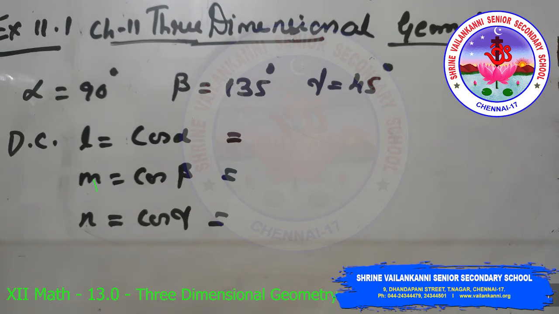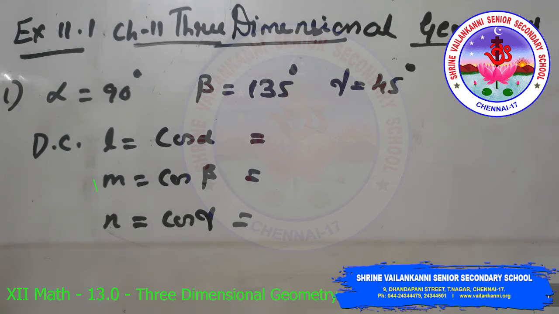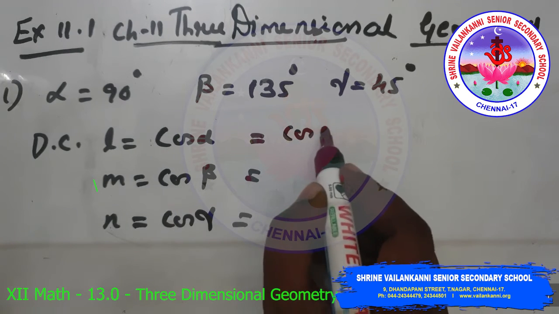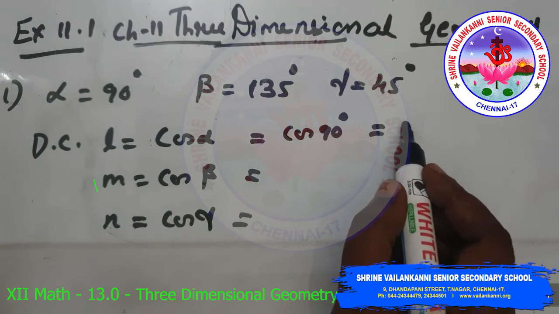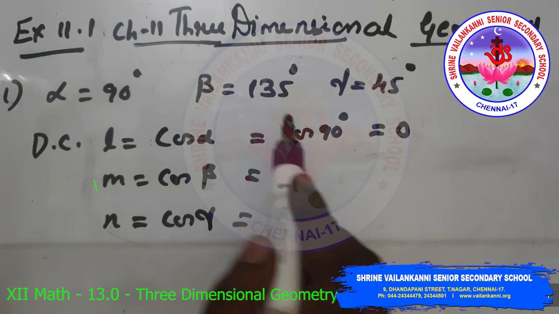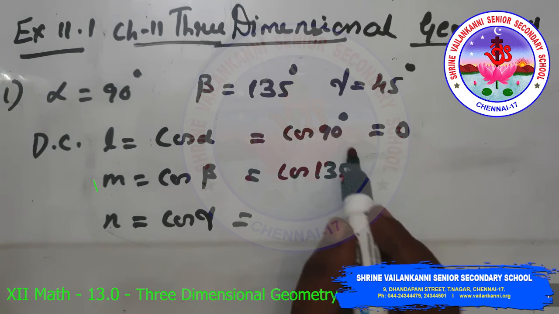First question: if a line makes angles 90 degree, 135 degree, 45 degree with the x, y and z axis respectively, find its direction cosines. So direction cosines, we are writing cos alpha as l, cos beta as m and cos gamma as n. Angle alpha is 90 degree, so l equal to cos 90 degree, which is 0. m is cos beta, beta is 135, so cos 135 degree.